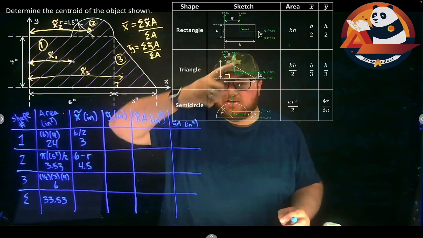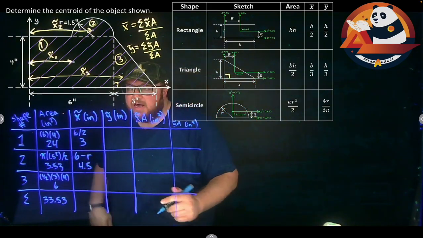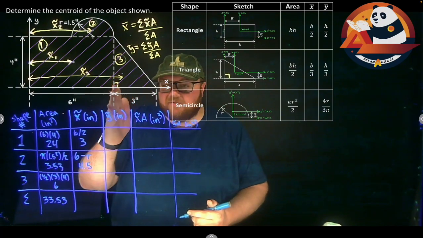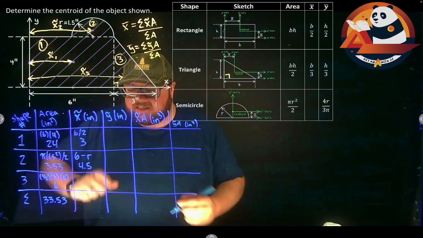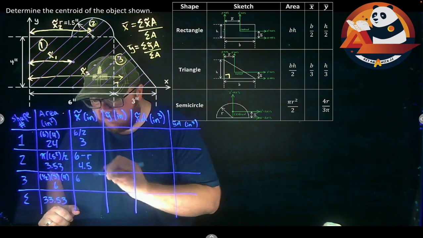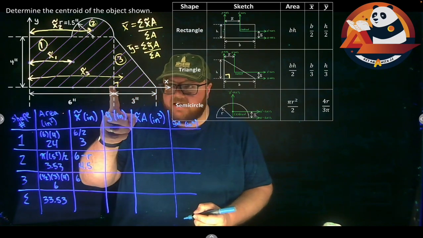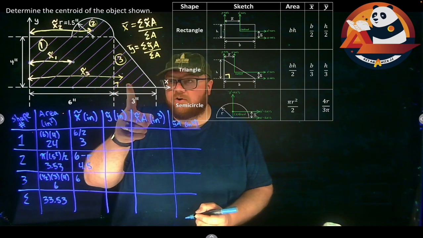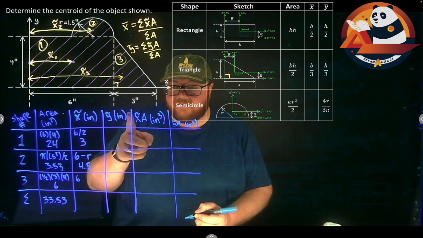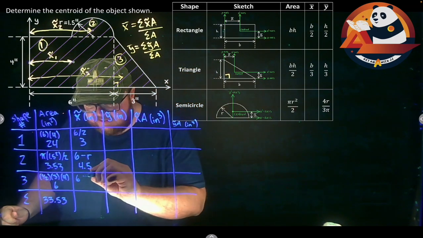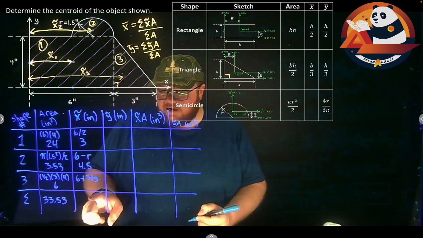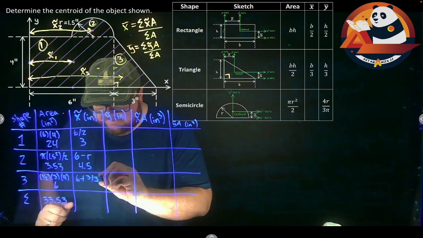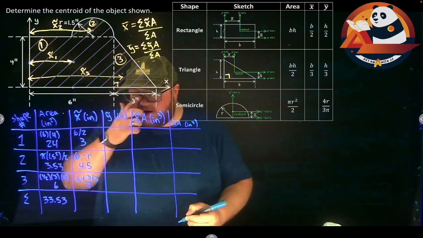So I can't directly just say it's base divided by 3. I need to first get to where that centroid formula applies. From the y-axis to the 90-degree corner is 6 inches in. So 6, that gets me to right here. And then I go an additional 1/3 of the way in. So 6 plus the base over 3, 6 plus 3/3, would get me 7. So that'll be my next value in here.